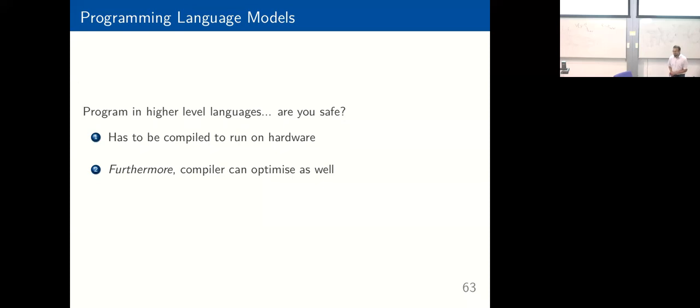They are optimizing stuff, just as the hardware is optimizing stuff. And in most situations, that's a good thing, right? We do want them to do optimizations. We do want our programs to go fast. But sometimes it has maybe unintended consequences.